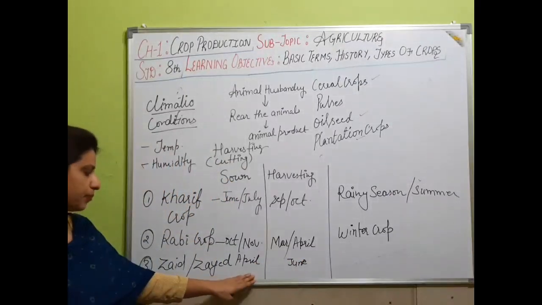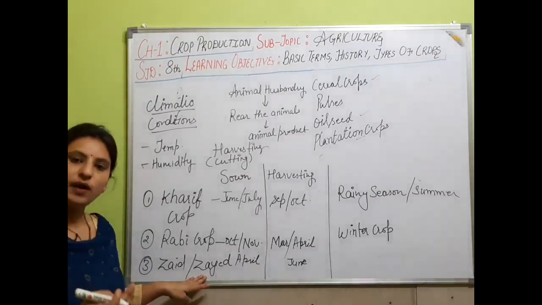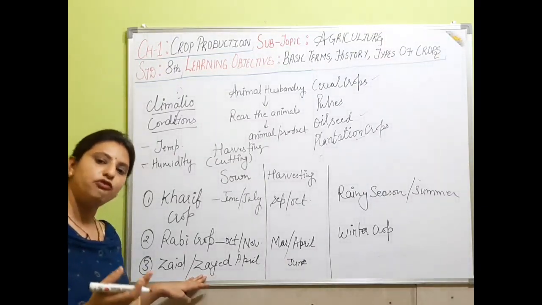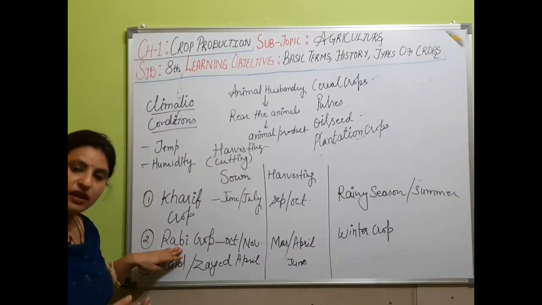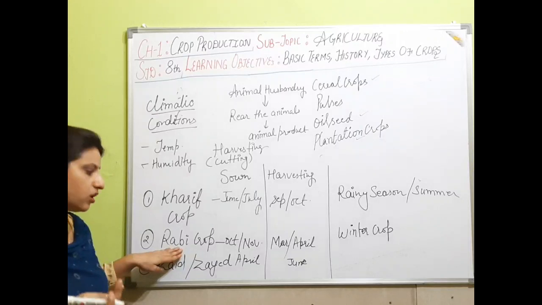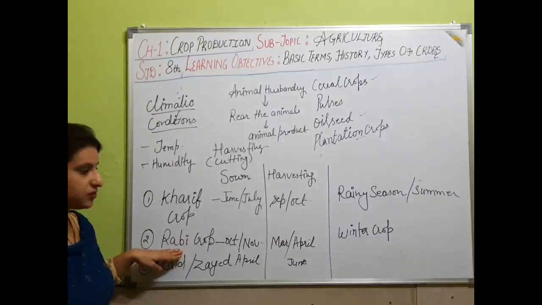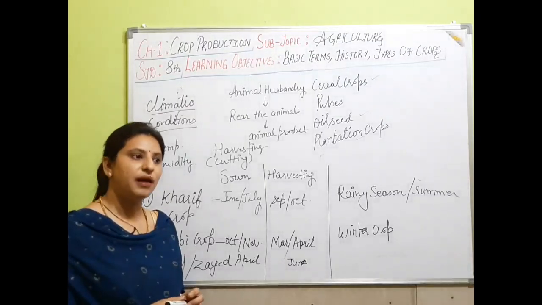The examples of Zaid crops are cucumber, bitter gourd, pumpkin, watermelon, and a number of fruits and vegetables. For Rabi crops, the examples are all pulses: peas, gram, beans. And for the Kharif crop, you can exemplify with paddy.